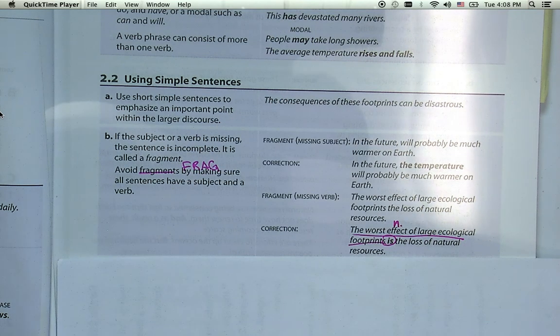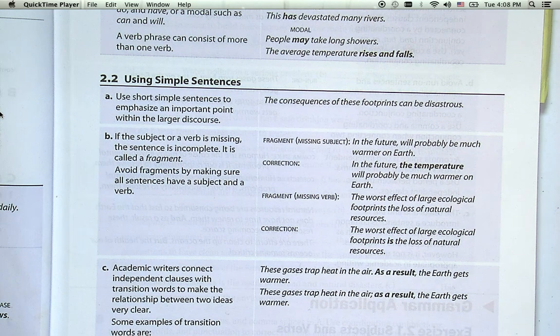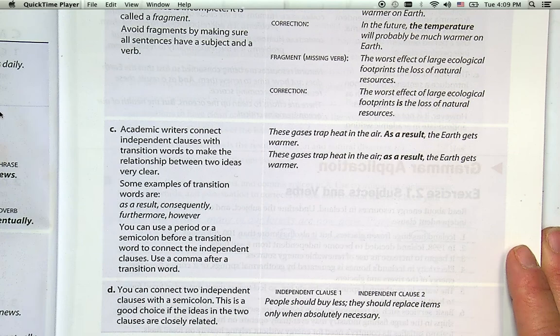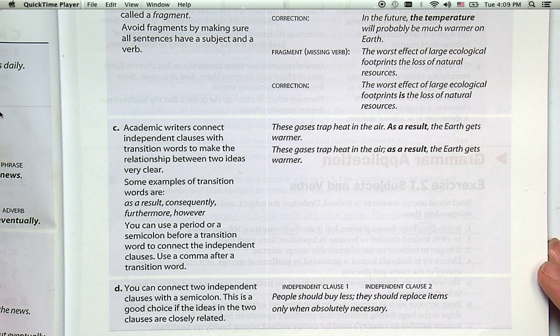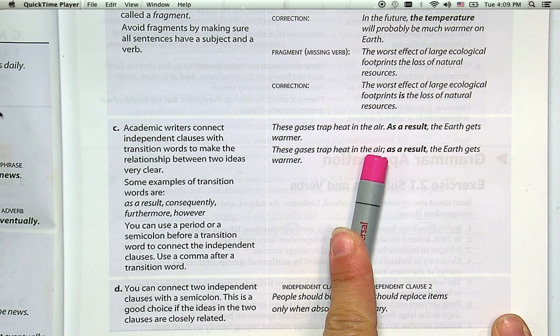All right, academic writers connect independent clauses with transition words. Transition words are words like as a result, consequently, furthermore, and however. Transition words begin a sentence, or they can be after a semicolon.